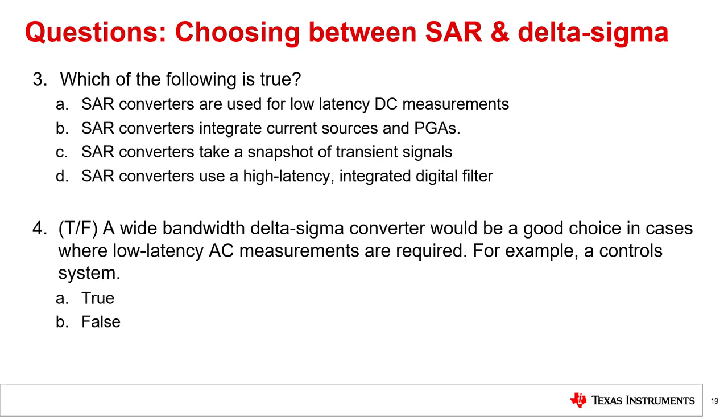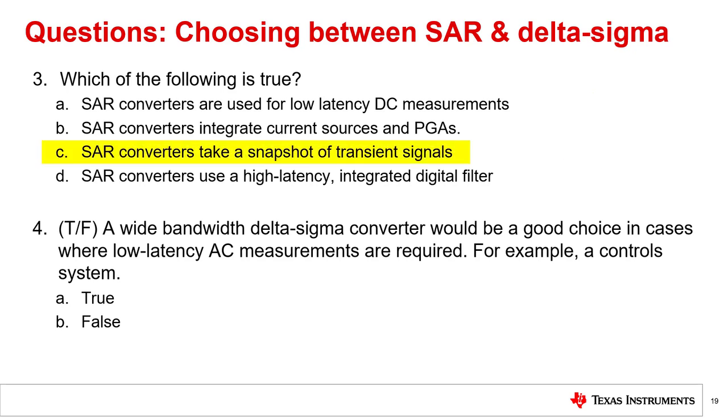Question 3. Which of the following is true? A. SAR converters are used for low latency DC measurements. B. SAR converters integrate current sources and PGAs. C. SAR converters take a snapshot of transient signals. Or D. SAR converters use a high latency integrated digital filter.